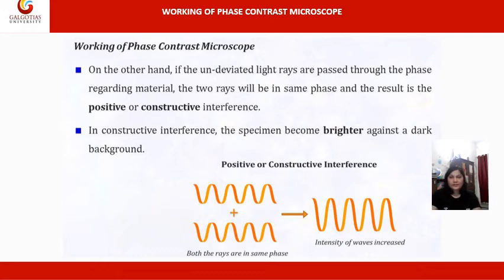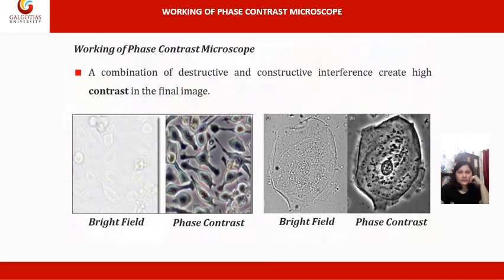You can see here a figure of constructive interference where two rays are joined together and give a resultant ray with higher amplitude. A combination of destructive and constructive interference creates a high contrast in the final image without the use of any dye or staining material.